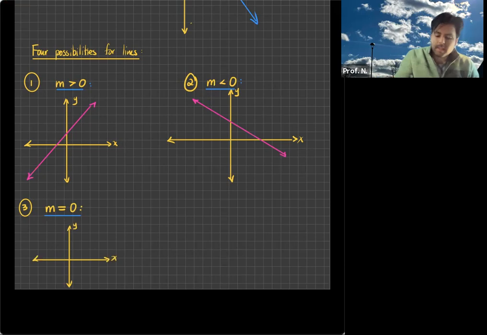Does anybody have an idea of what the graph of the line will look like? Straight line. Yeah, these are all straight lines, David. But how would the straight line appear? On the x-axis. It could be on the x-axis, but not exactly.